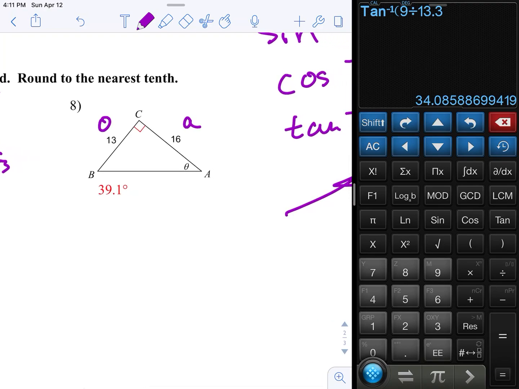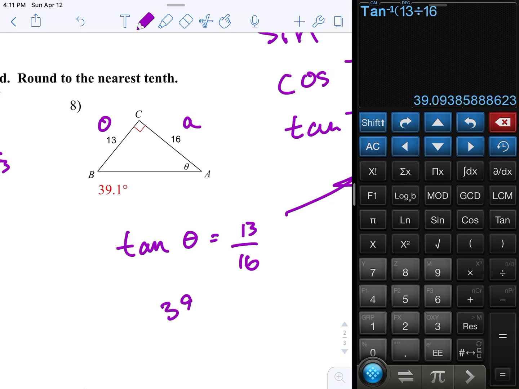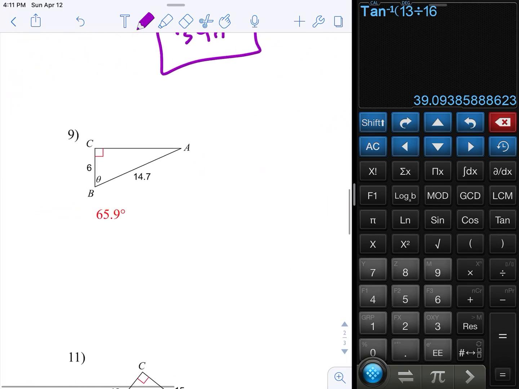I won't know sine, cosine, or tangent until I figure that out. Opposite and adjacent is tangent theta equals 13 over 16. So tangent inverse 13 divided by 16 is 39.09. Round that to 39.1 degrees.